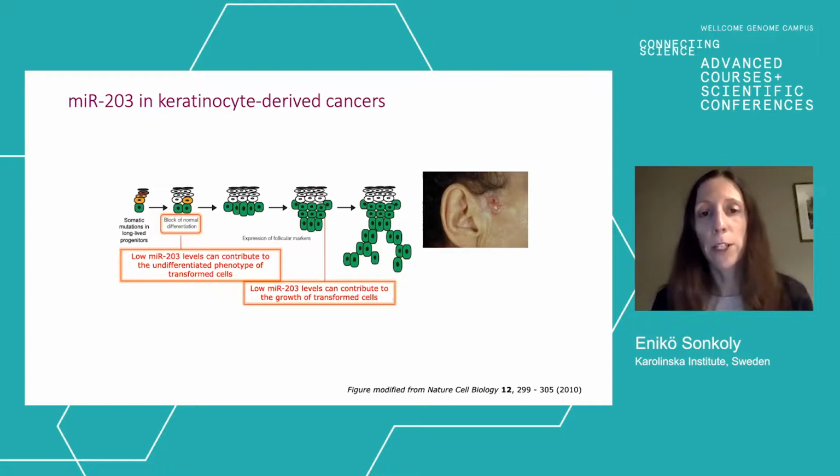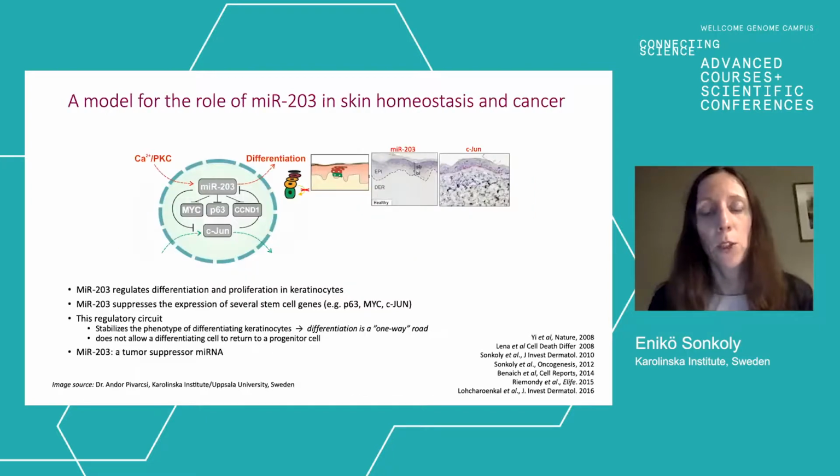And if we overexpress miR-203, it could suppress the tumor growth. So altogether, these and other results have led to the following model. This beautiful picture is from Andor Pivarcsi. This is the model to describe the role of miR-203 in skin homeostasis and cancer.